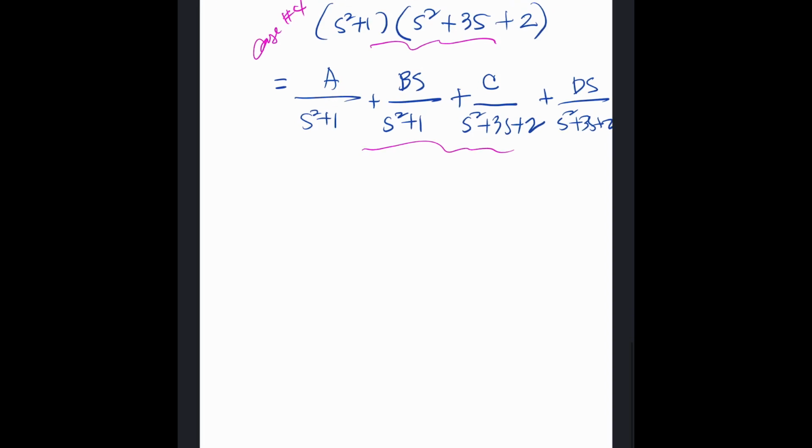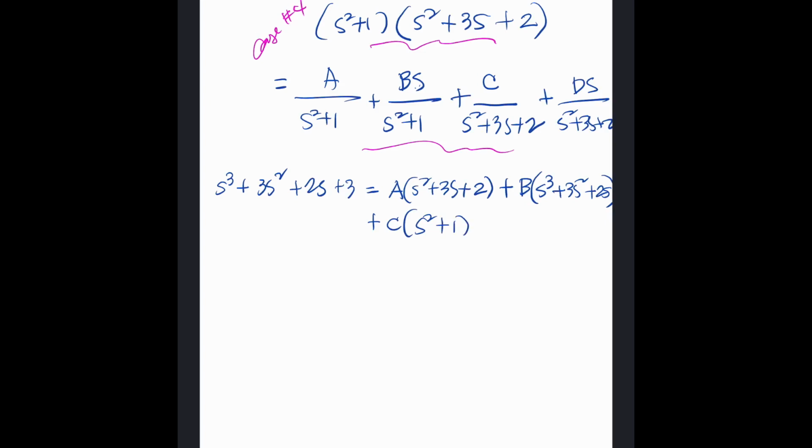So at the left side, we can write s cubed plus 3s squared plus 2s plus 3 equals a times s squared plus 3s plus 2 plus b times s cubed plus 3s squared plus 2s because of the presence of s. We multiply s by the other factor, plus c times s squared plus 1 plus d times s cubed plus s.